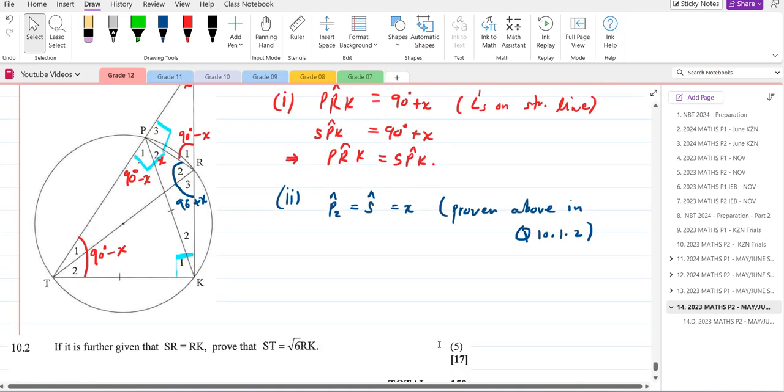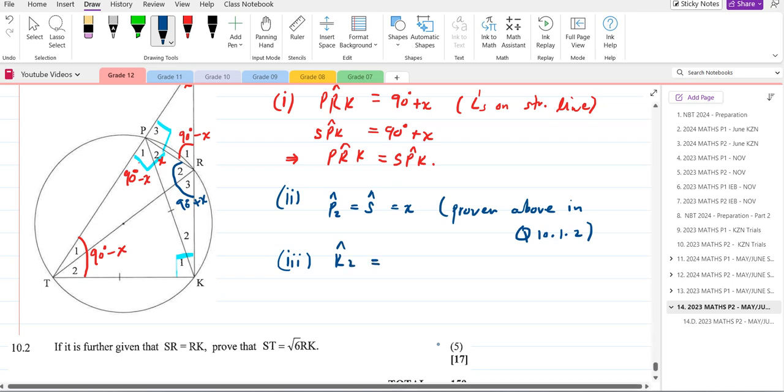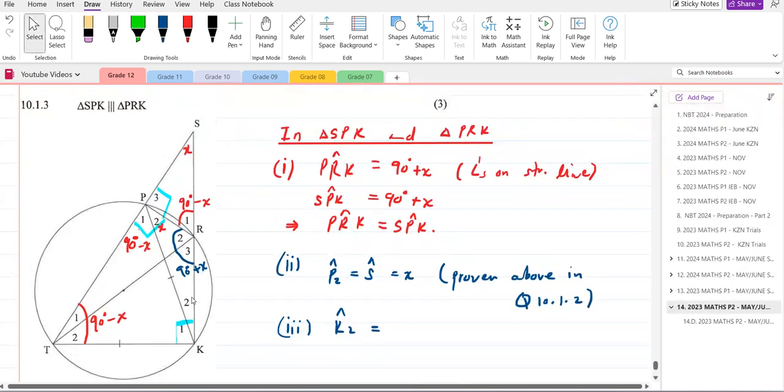Right, and the last one is angle K2. Angle K2 has to be equal to angle, oh, angle K2 is just common.